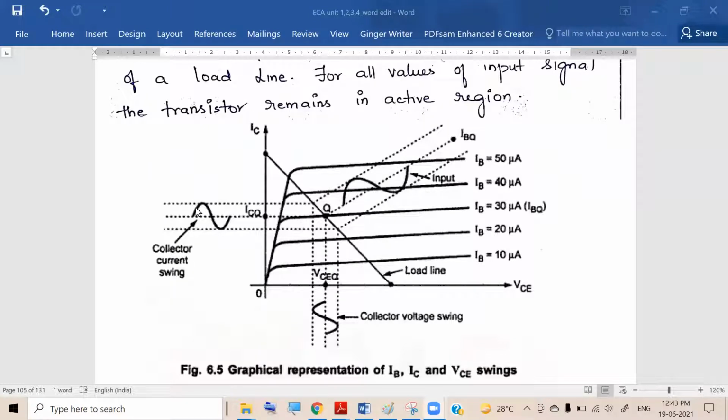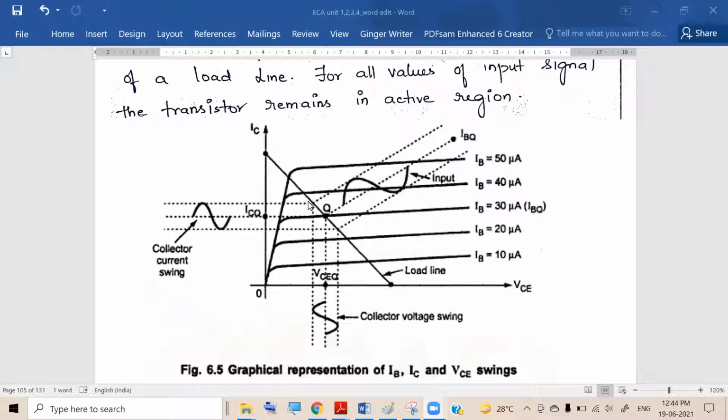Because IC and VCE are related in accordance with the load line, IC varies sinusoidally, and because of that VCE also varies sinusoidally in accordance with the load line.